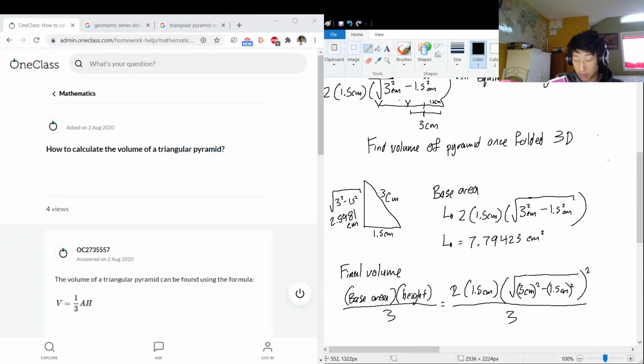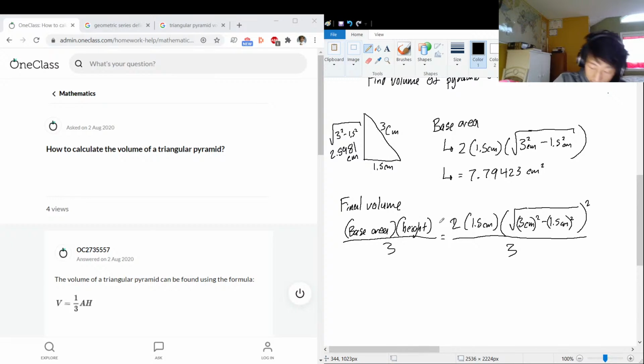So let's calculate that. Volume is equal to, calculating this real quick, times 2 times 6.75 centimeter cubed.